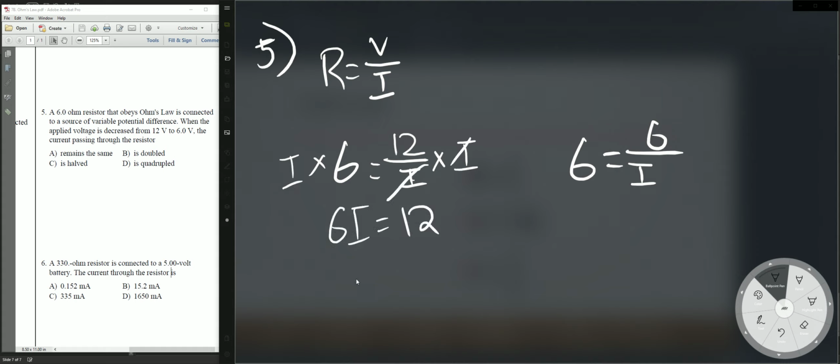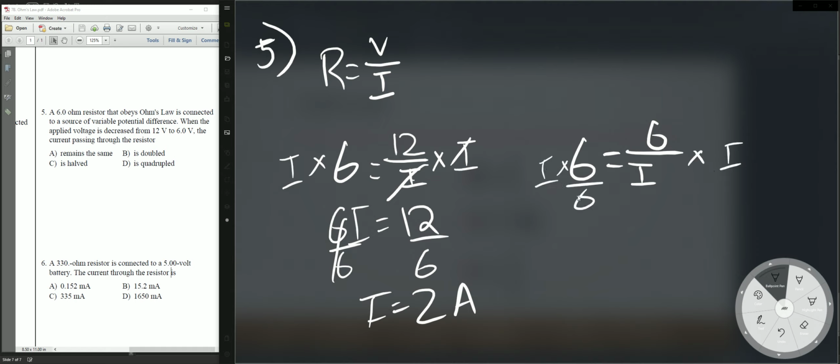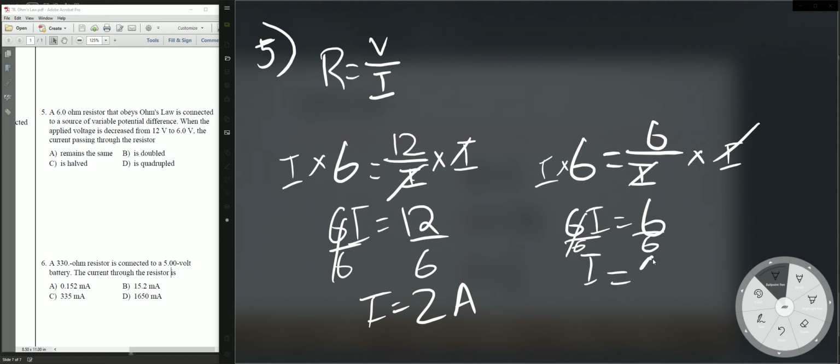So this cancels out. Let's not do that yet. 6I is equal to 6, and these cancel out. So you divide by 6, and I is just 1 ampere.